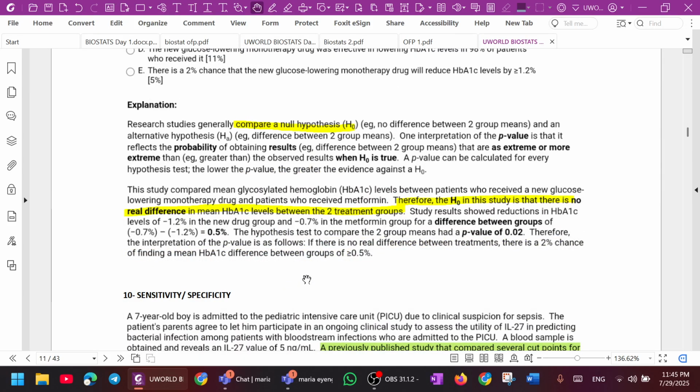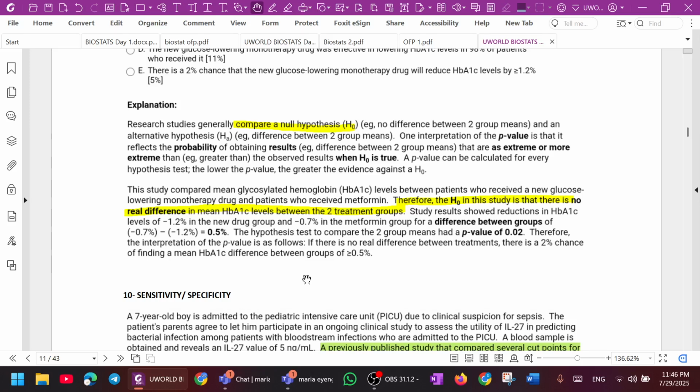Research studies generally compare a null hypothesis, that is, no difference between two group means, and an alternative hypothesis, a difference between two group means.